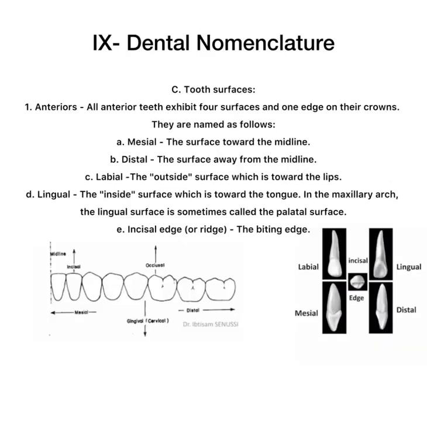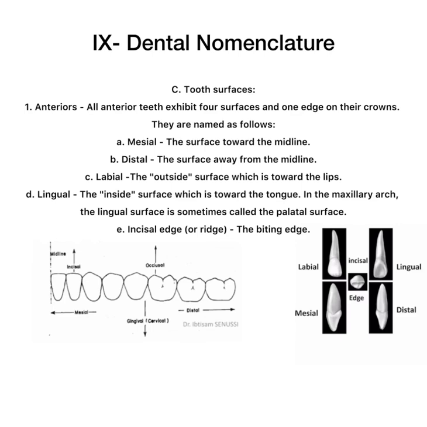Tooth surface, anterior. All anterior teeth exhibit 4 surfaces and 1 edge on their crowns. They are named as follows: mesial, distal, labial, lingual, incisal edge. Mesial, the surface toward the midline.